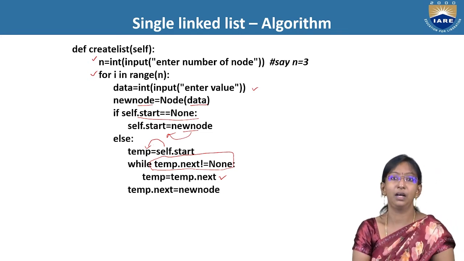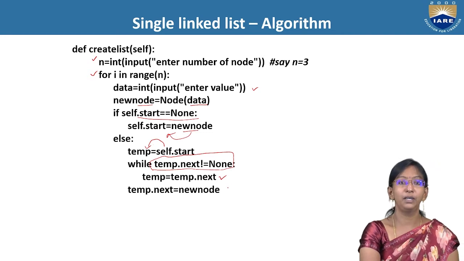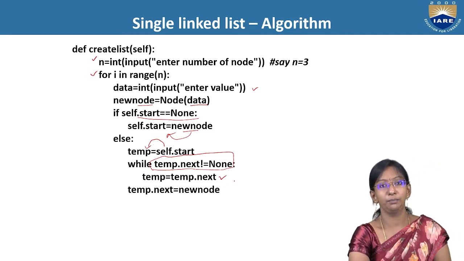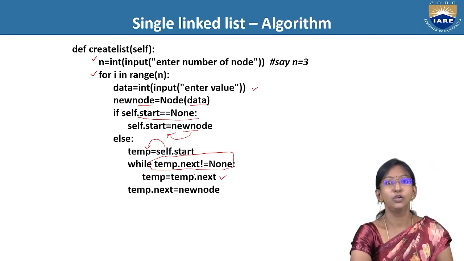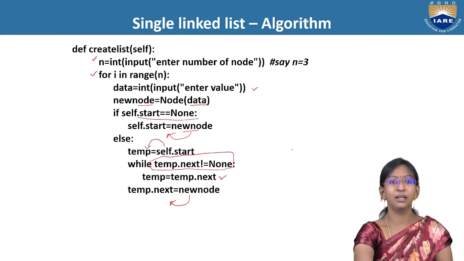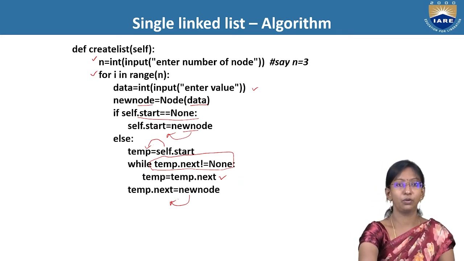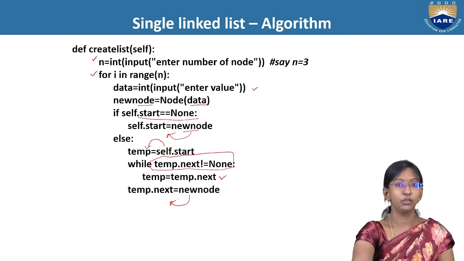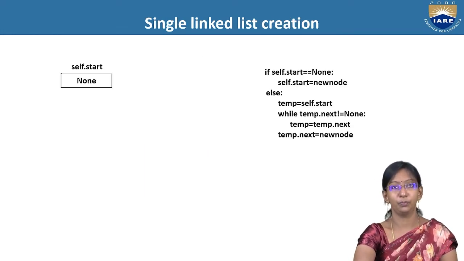Once I reach the last node, I am going to build a relation between temporary and the new node by storing the address of the new node in temporary's next. Okay. So this is a small function in Python to create the list, which I'm going to explain using animation.